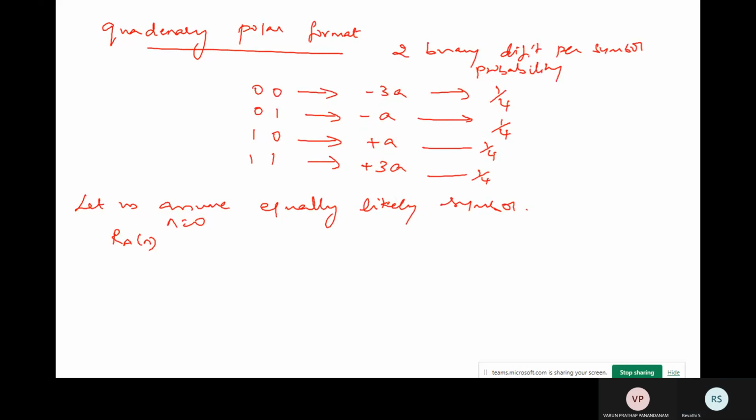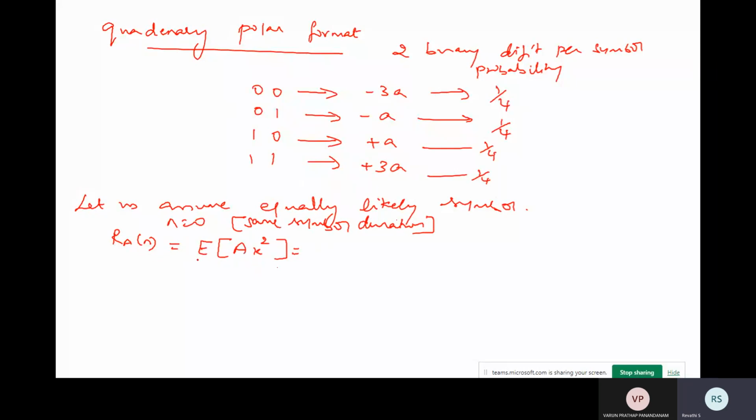Okay, so RA of n is nothing but expectation of AK square. These are the 4 possible symbol combinations. As I have told you, when n is equal to 0, we are concentrating on the same symbol duration. So the same symbol duration can take only one of the 4 values: minus 3a only, minus a only, plus a only, or plus 3a only.